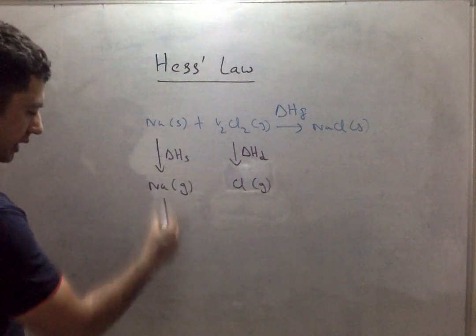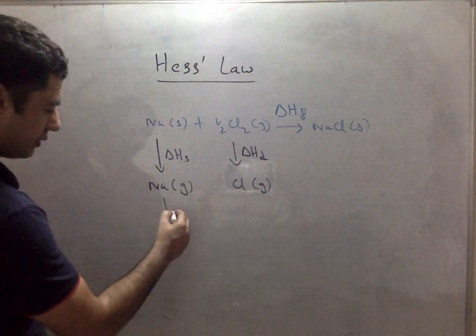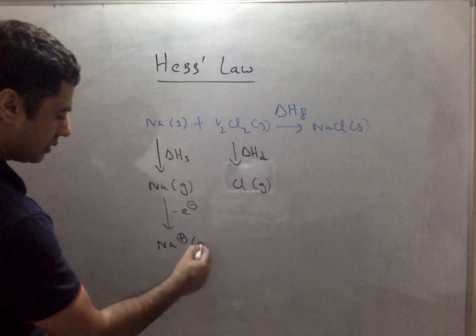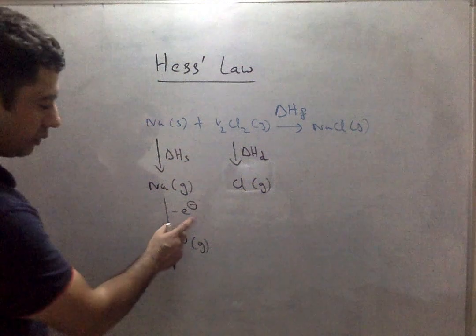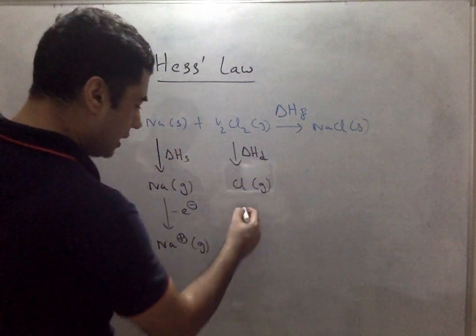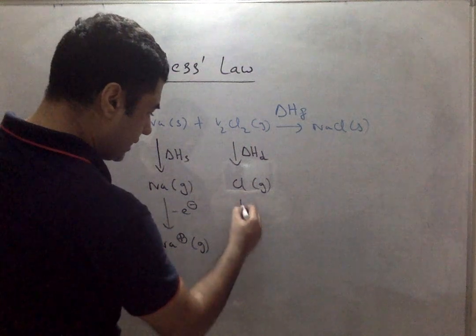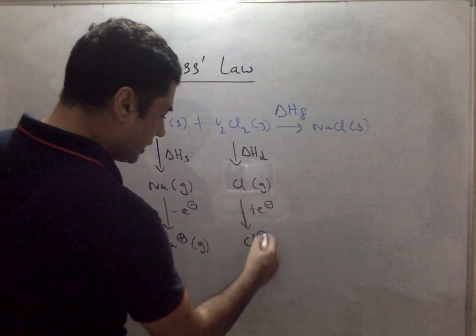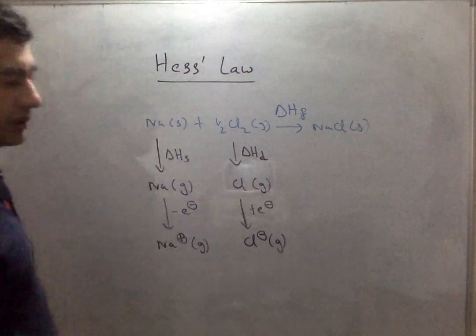Then we can ionize sodium atoms, so we remove the electrons and we end up getting sodium ions, again in the gaseous form. And whatever electrons we have removed from sodium, we will pump those to chlorine atoms. So chlorine atoms accept these electrons and they transform into Cl minus ions, again in the gaseous state.